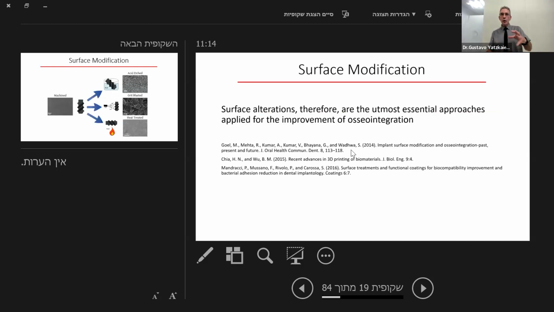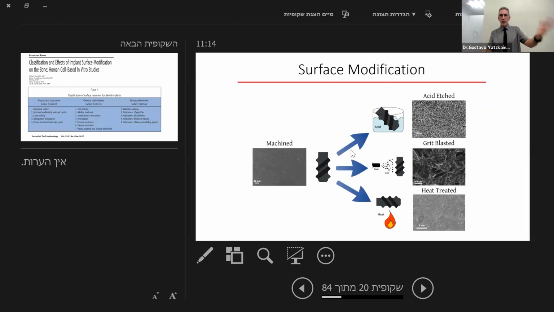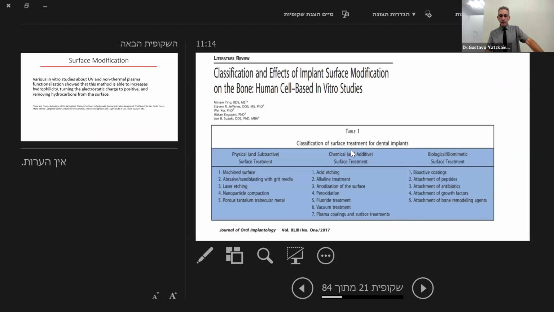In order to improve the surfaces, the manufacturers are working with some techniques. Some of them are chemical, like acid etching, can also be physical, like grit blasted, or they can use heat-treated surfaces. To make it simple, we have 3 classes principally.